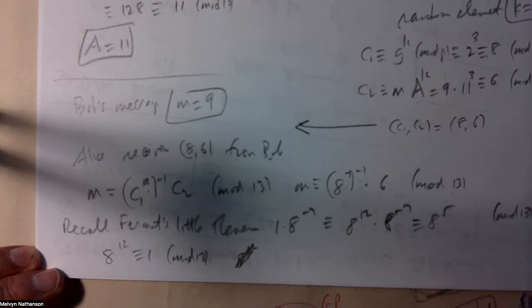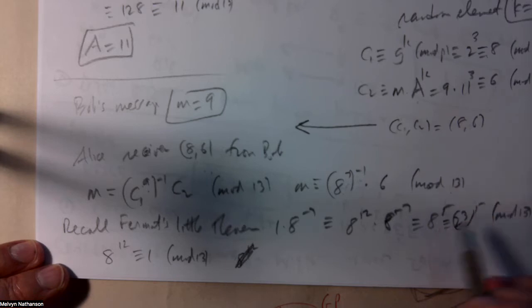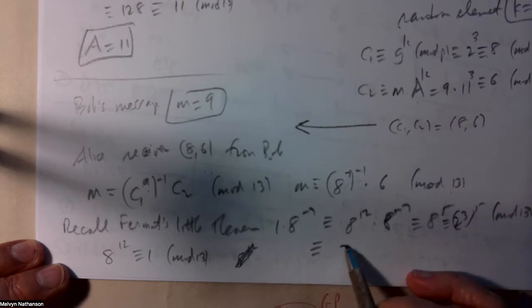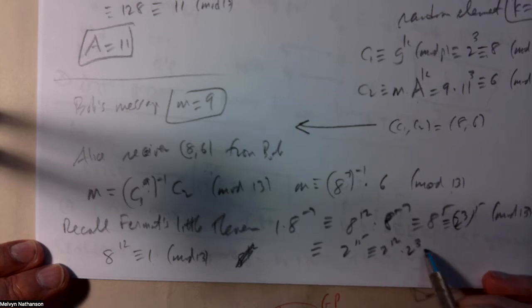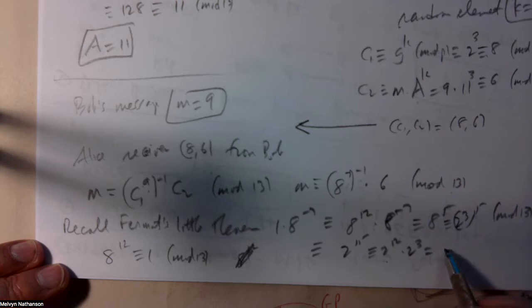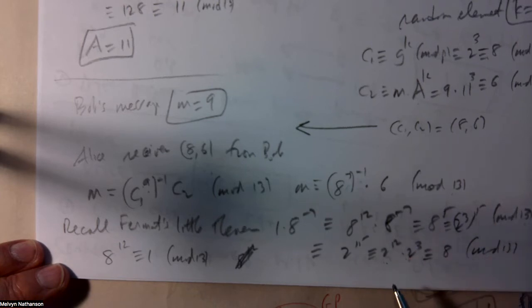And 8 to the 5th, let's make it easy. I can do it on a calculator. 8 is 2 cubed to the 5th. So that's 2 to the 15th, which is 2 to the 12th times 2 cubed. 2 to the 12th is 1 because 2 is relatively prime to 13. So this is just 2 cubed, or 8 mod 13.